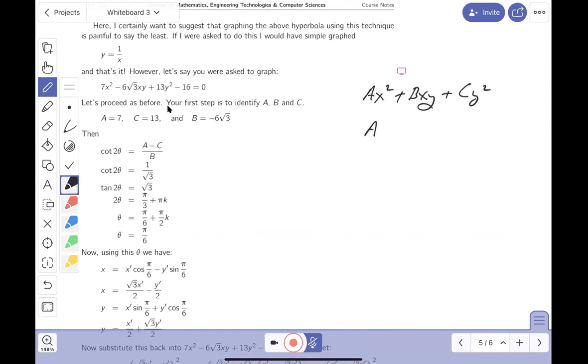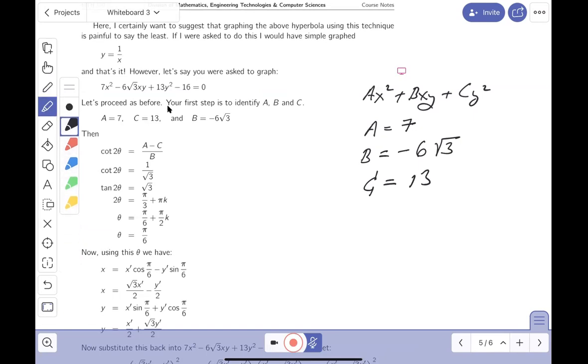Let's write this down. A is 7. What's the B? The B is minus 6 root 3. And do I know what the C is? Well, looking at it, the C is 13. All right. Once you do that, again, let me point out what I'm looking at. We're looking at this over here.